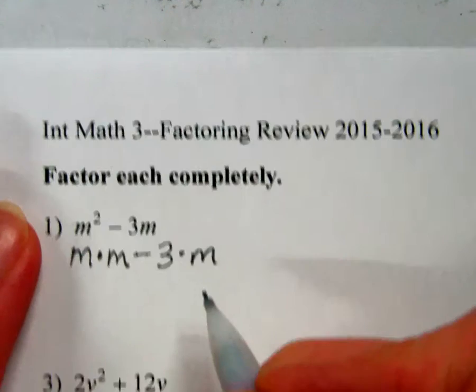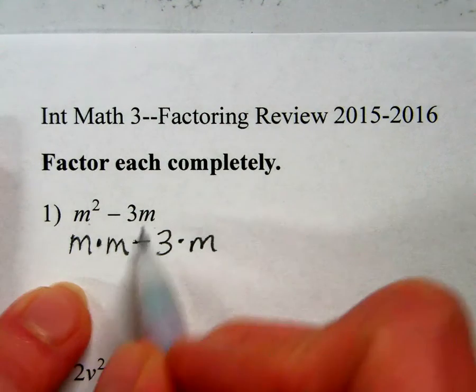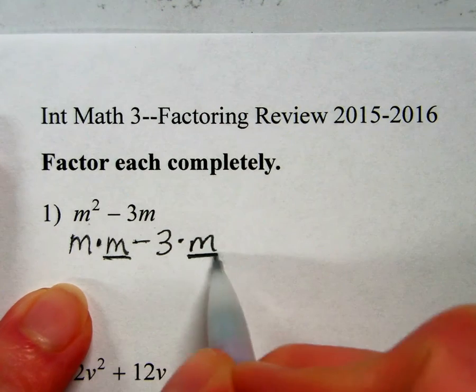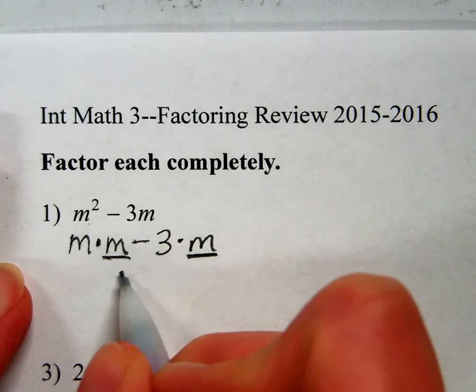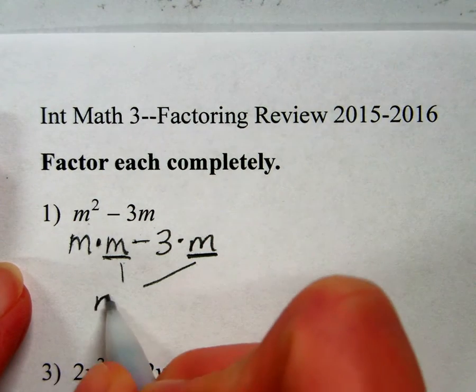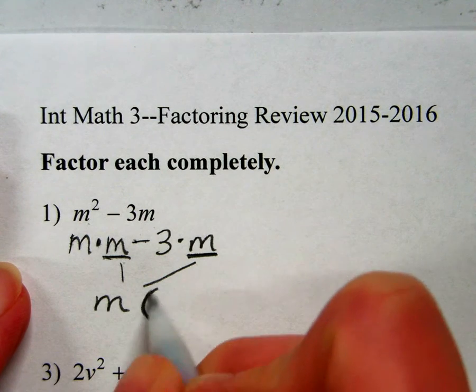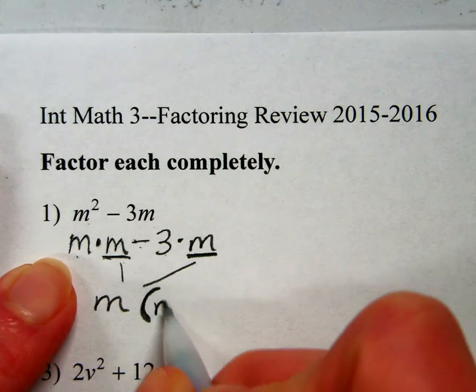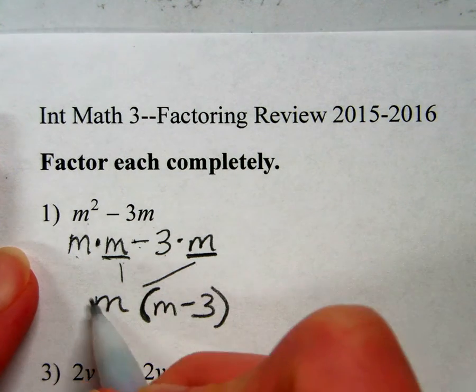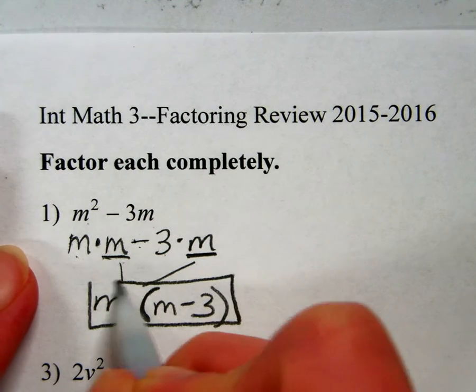Basically what we're looking for is something that these terms have in common. They both have at least one m, so that we could take out of both terms, and then we would be left with the m minus 3. So that goes inside the parentheses.